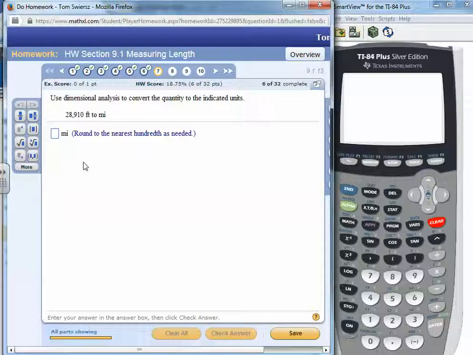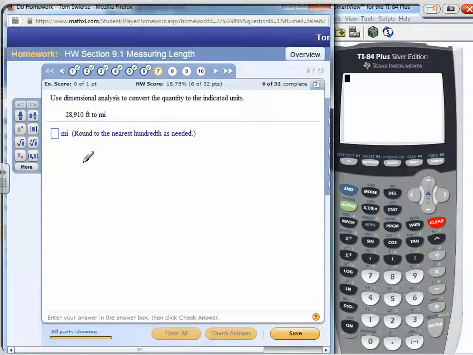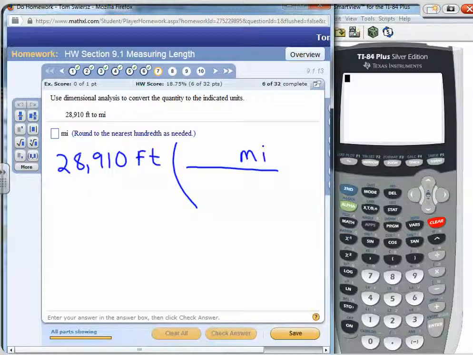28,910 feet. Convert to miles. 28,910 feet. Okay, now we want what? Convert to miles, so miles is in the numerator. Feet are in the denominator. And do you remember for every 1 mile, there are 5,280 feet.